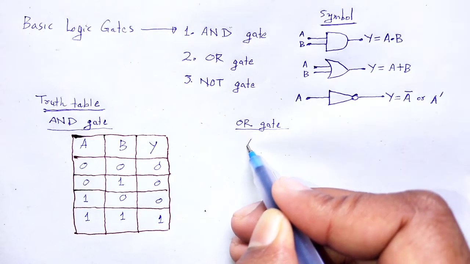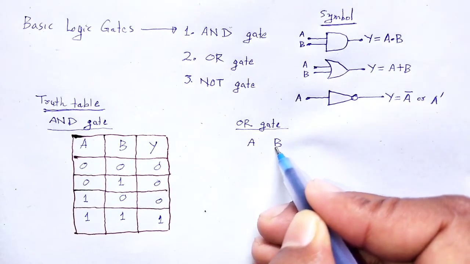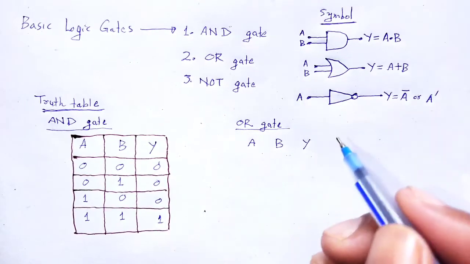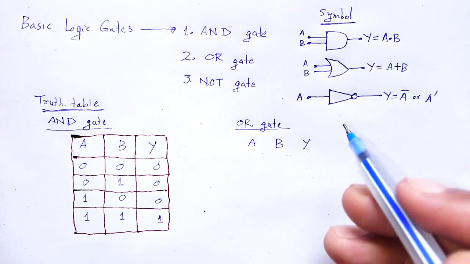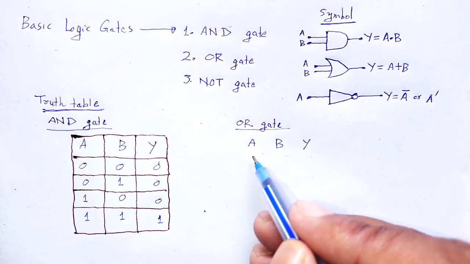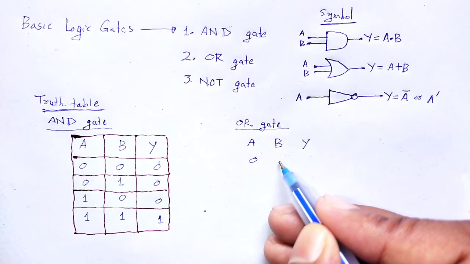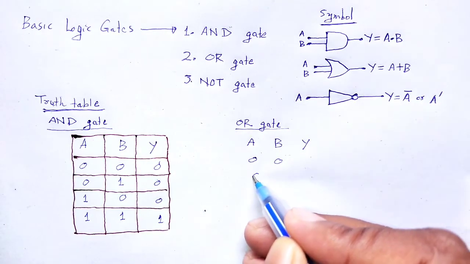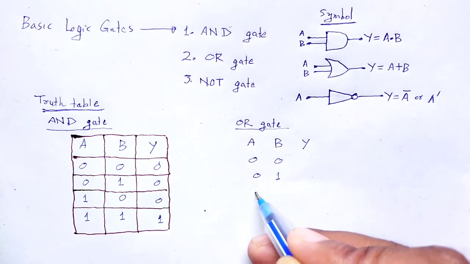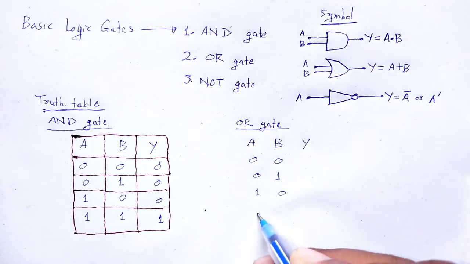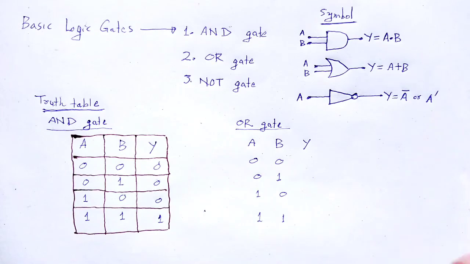Next, for the OR gate, two inputs A, B, output as Y. So the possible situations similarly: 0 0, 0 1, 1 0, 1 1.